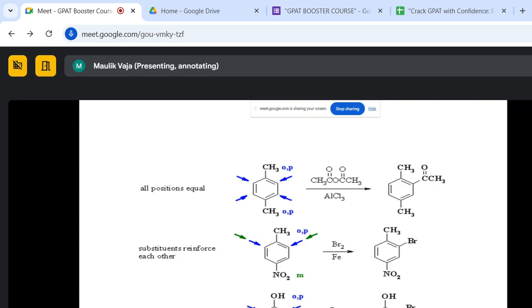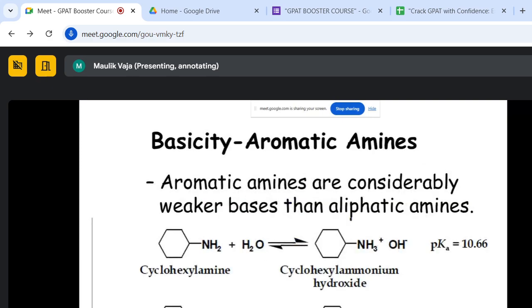Here the steric factor will play a crucial role. It is a very bulky group, C(CH3)3. If we draw the structure, it is very bulky and it will be difficult for ortho attack to this C(CH3)3, and that's why you will get a product ortho to the methyl group, and not to the C(CH3)3 group. So this is all from electrophilic aromatic substitution reaction.